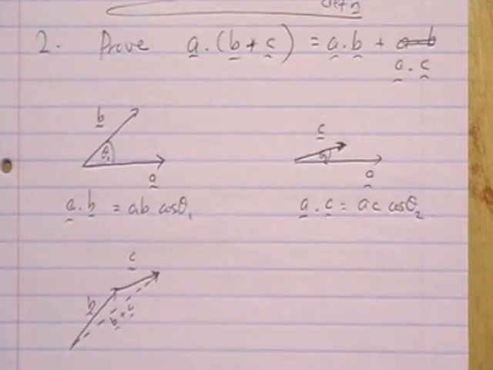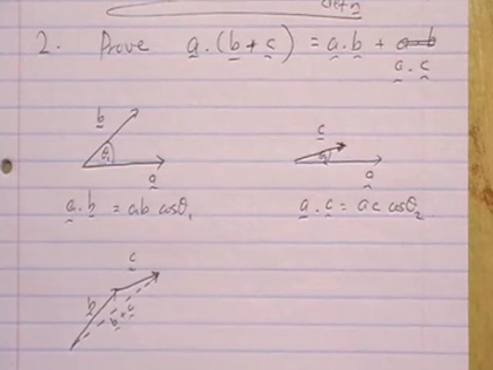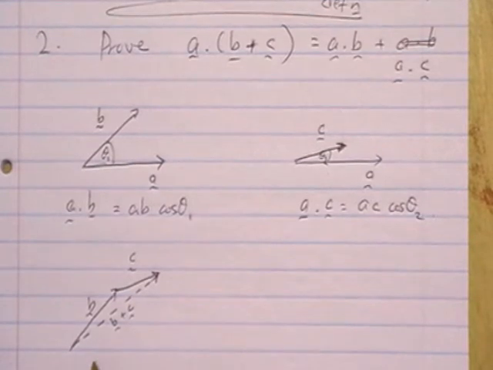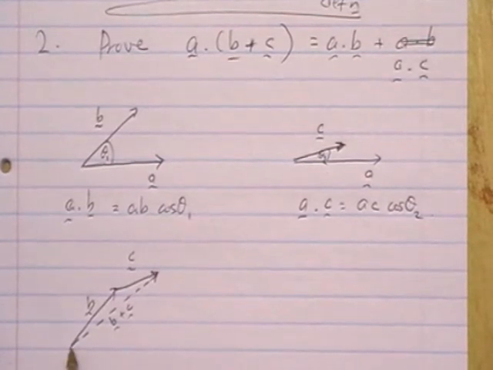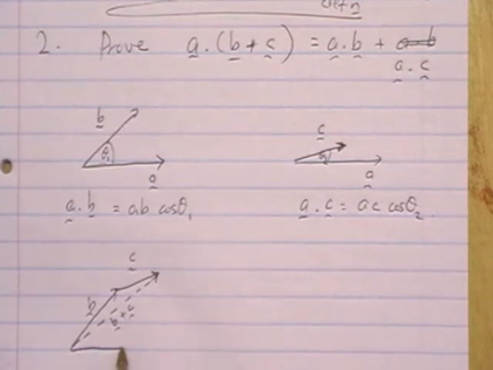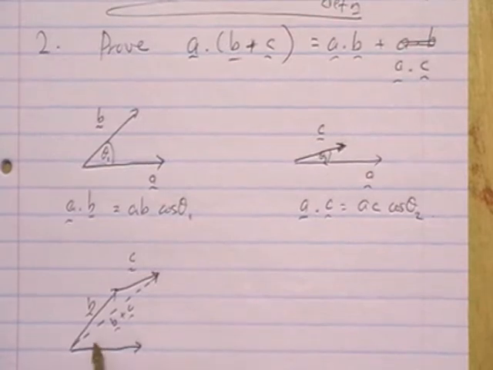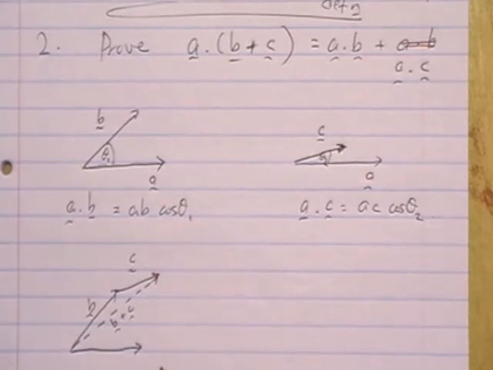And the dot product with A, that's A, let's say that angle is, I'll call it theta 3.